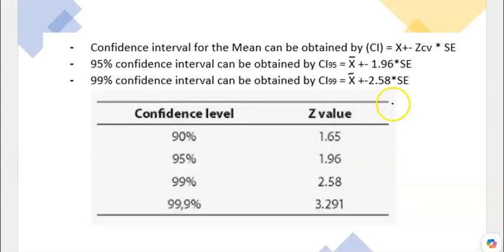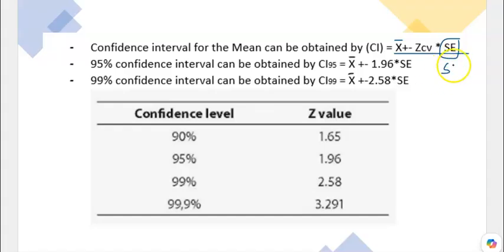So you can see here the calculation you can do: your mean plus or minus the z-score multiplied by the standard error. That is also possible. Anyway, the result is almost the same.